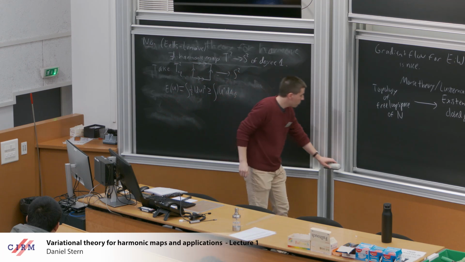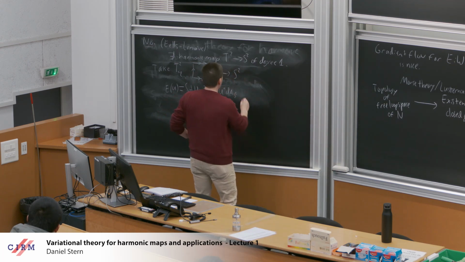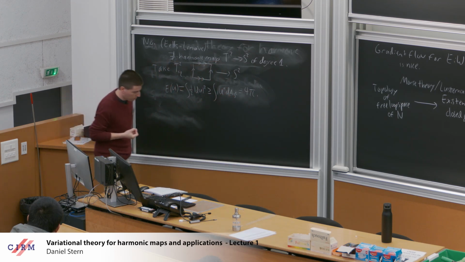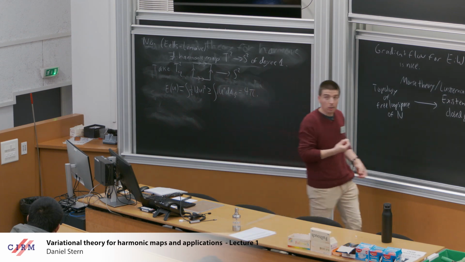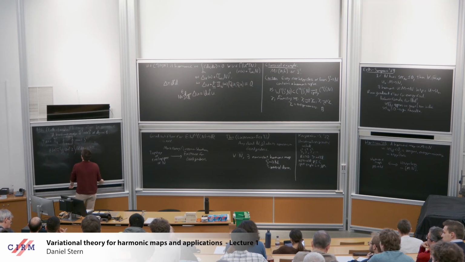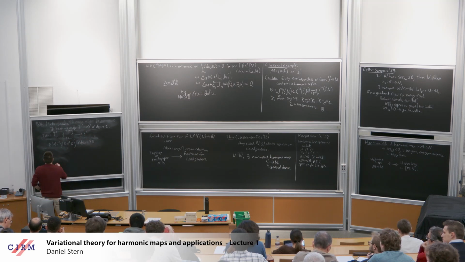And this is degree 1, so that's just going to be 4 pi. So we have a universal lower bound of 4 pi. And in fact, it's not hard to convince yourself that we can get as close as we want to that bound. How can we do that?